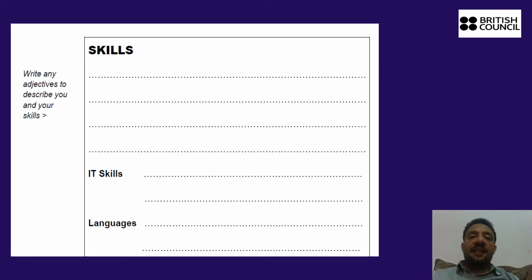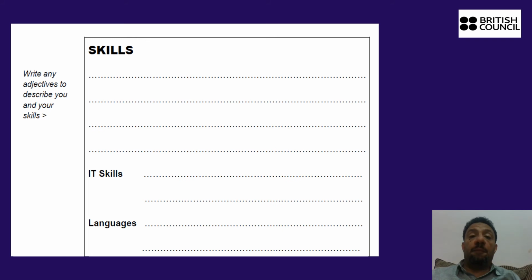Okay, this is the skills section of your CV. Skills are things I can do well. Some skills are things I need for a job, and some skills can be skills that are not important for work.